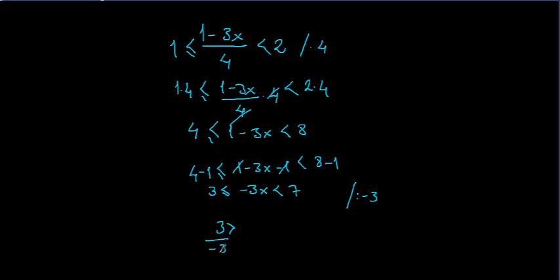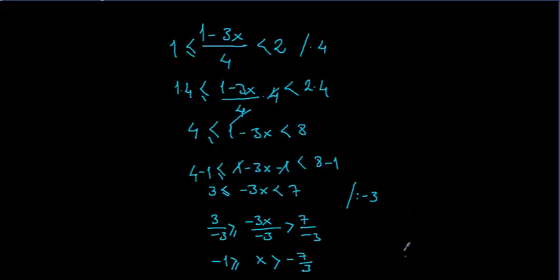So 3 over minus 3 is greater or equal to minus 3x over minus 3, which is greater than 7 over minus 3. It's going to be minus 1 is greater or equal to x, greater than minus 7 over 3, is the answer of this question.